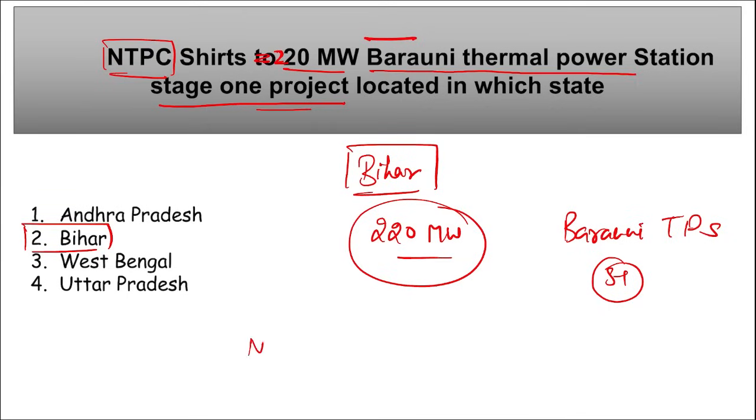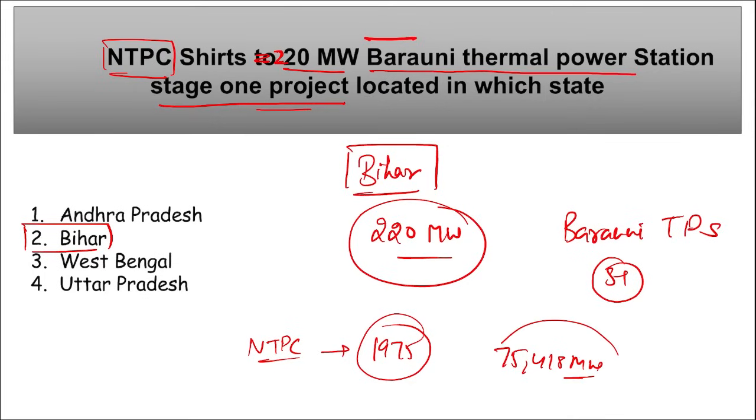If we talk about NTPC, NTPC was established in 1975, correct? And it has a total installed capacity of 75,418 megawatts. This includes your joint ventures, and their aim is to reach 130 gigawatt of capacity by 2032. Correct?